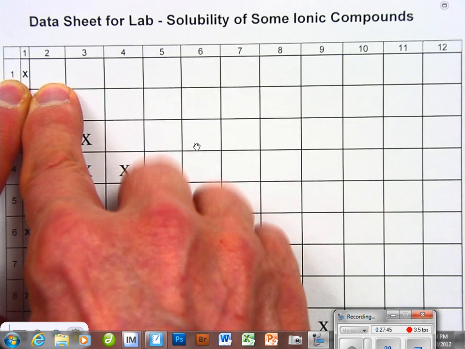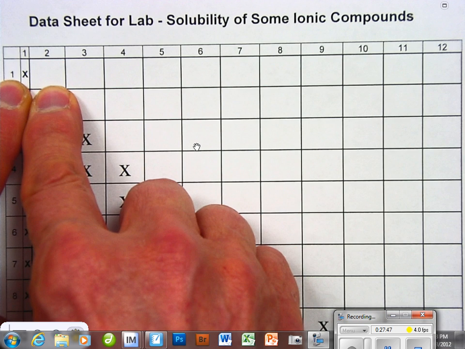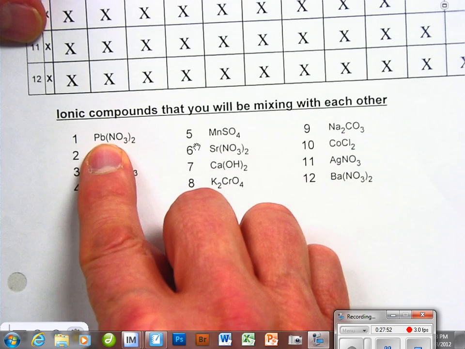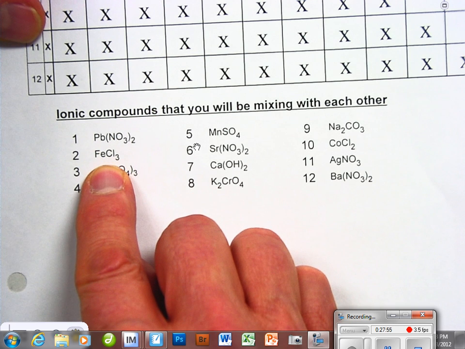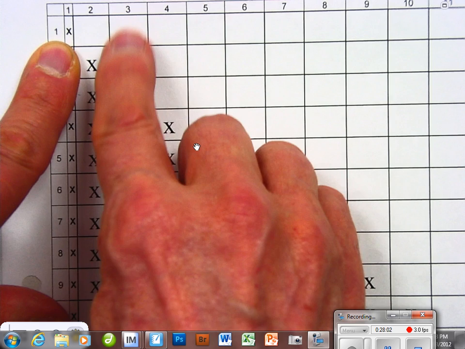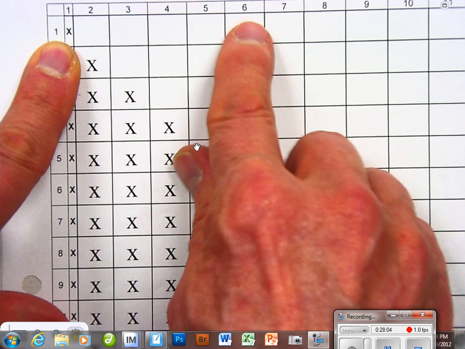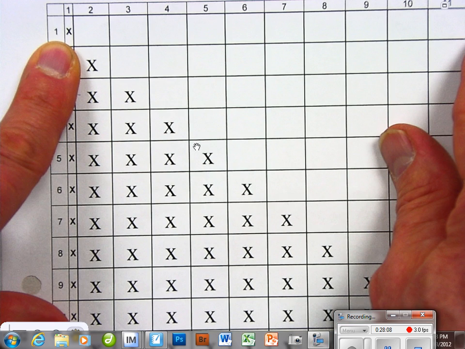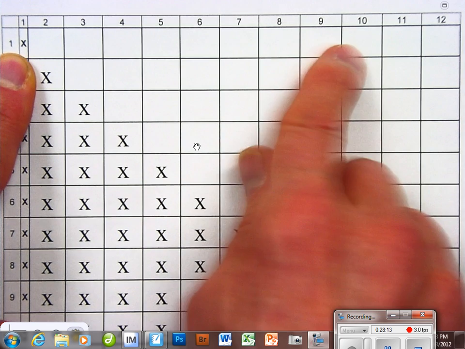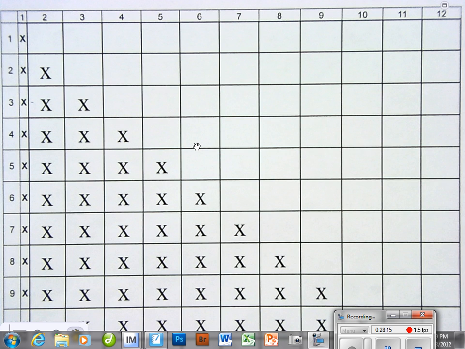In this box right here, which we'll have on a piece of acetate, we will put a drop of the lead nitrate, which is number 1, and a drop of the iron chloride. And we're going to see what happens. Then we're going to have lead nitrate here, here, here, all the way to 12. So, what we're doing is we're seeing what the actual chemical reactions are when we make those 2 drops come together. Does that make it clear?